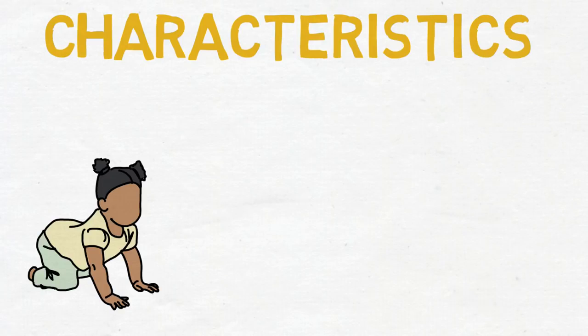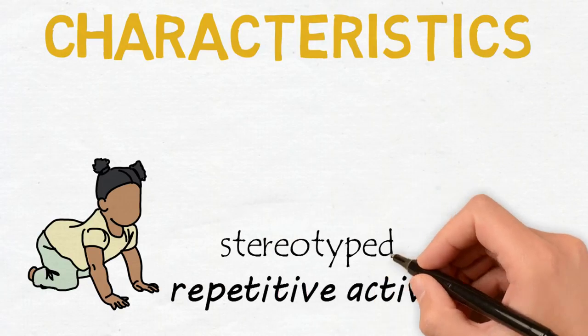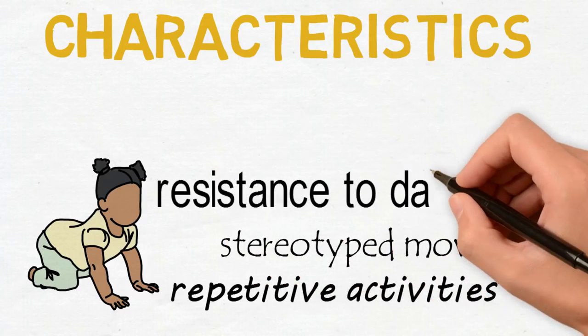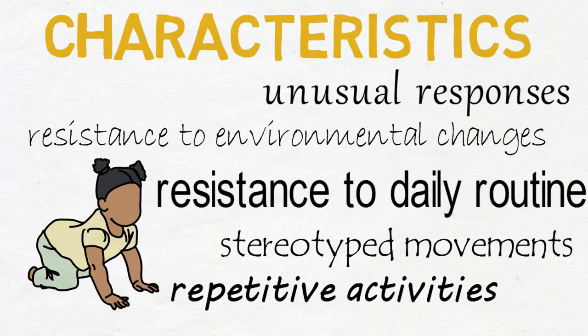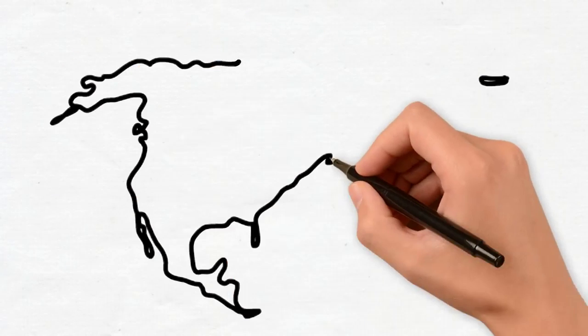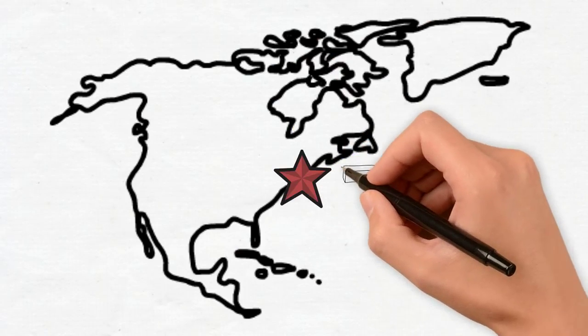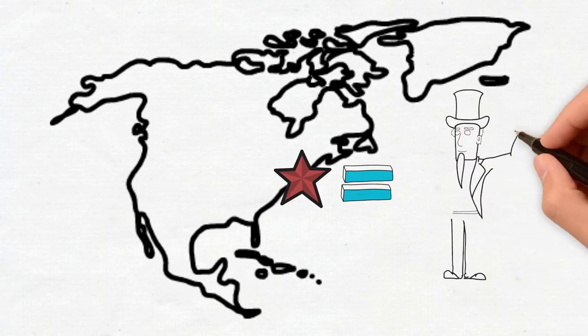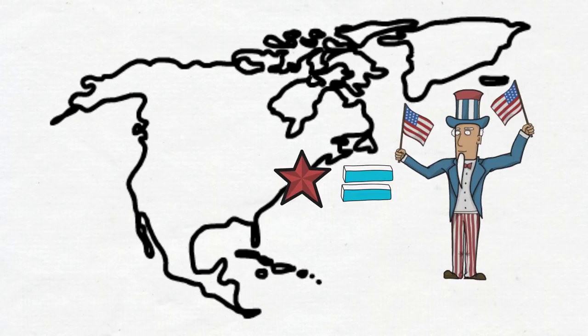Some other characteristics of ASD include performing repetitive activities, stereotyped movements, resistance to daily routine, resistance to environmental changes, and unusual responses to sensory experiences. New Jersey defines ASD very similarly, almost verbatim, which shows the government and the state definitions are consistent with each other, and as such, agree to the conditions and characteristics of ASD.